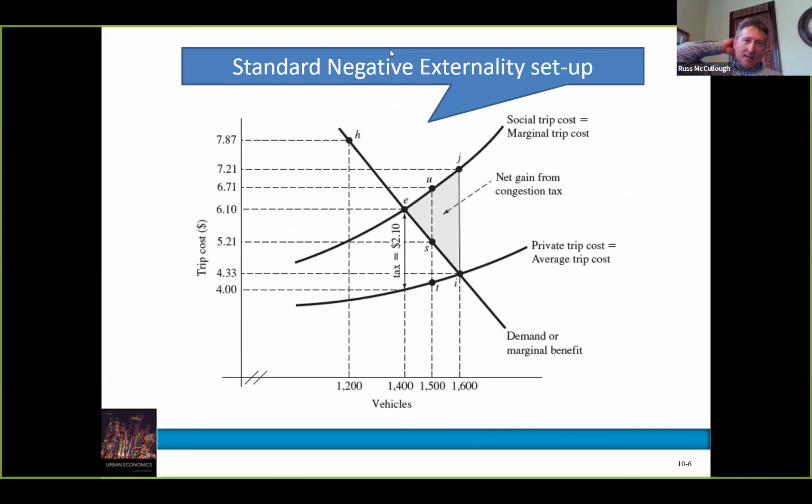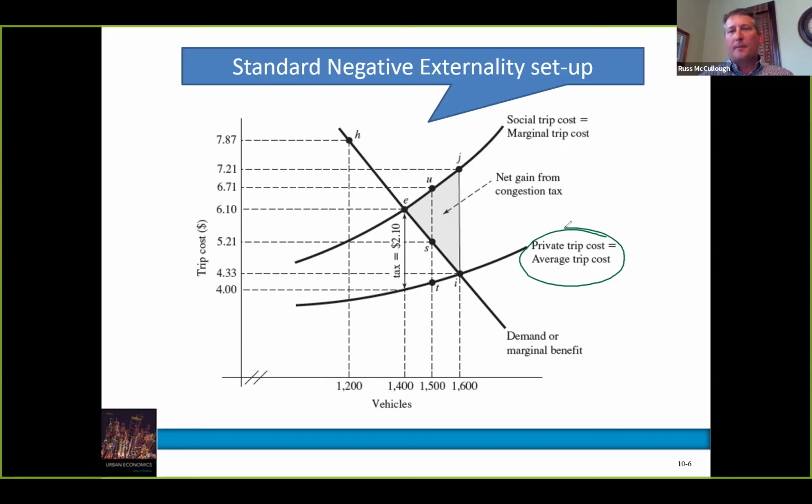And so here is our basic model of an externality. This is the same type of picture we used in previous classes, even in Principles of Micro: you've got a private cost and you have the social cost. The private cost of a trip is down here, and you are adding an externality, a congestion, to some other people.